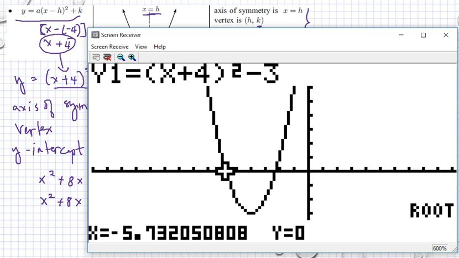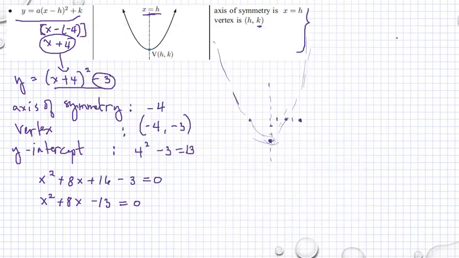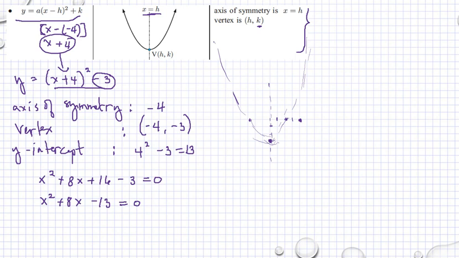Another example I want to give you is when it tells you that you have no roots. Y is equal to negative x minus 2 squared minus 1. This one will tell you, according to the property, that x is equal to h.